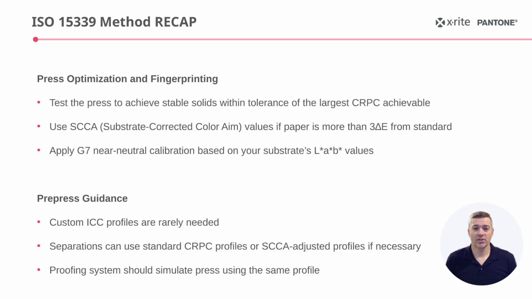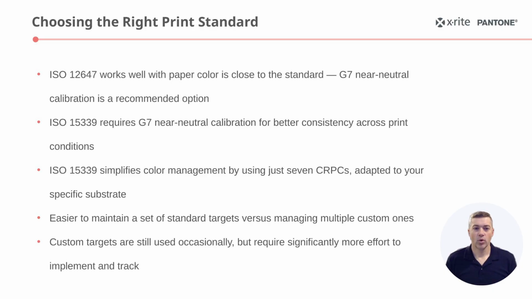So the next question is, how do you choose which standard, like ISO or CRPC, to use? If you're working with a substrate color that is close to a standard, ISO 12647 is a solid choice, and in that case, using G7 calibration is optional but recommended.